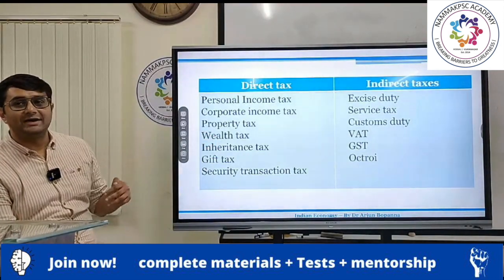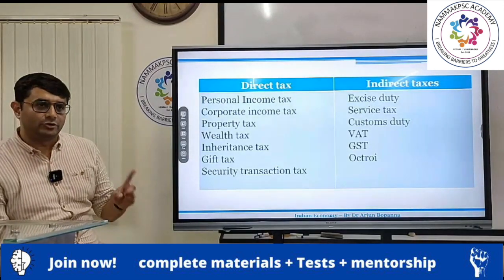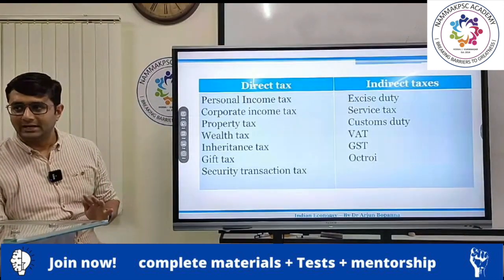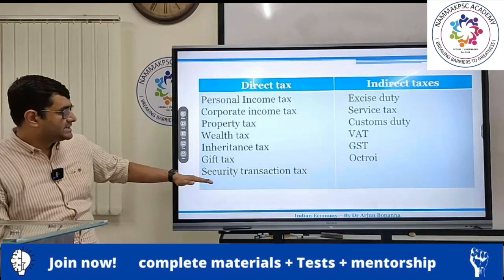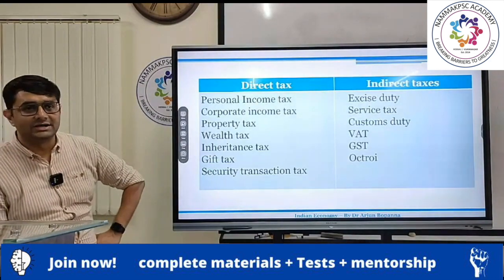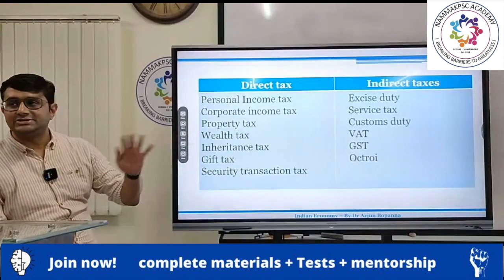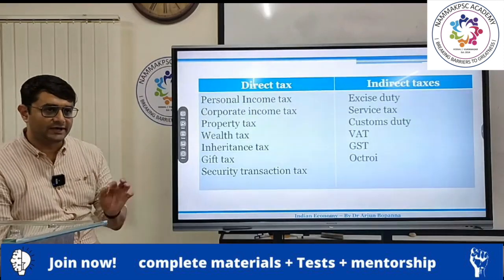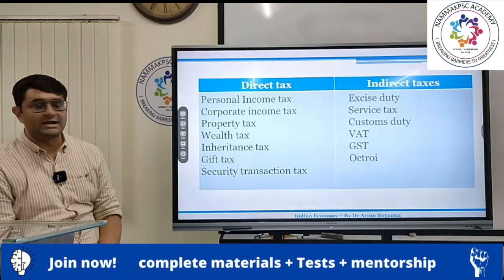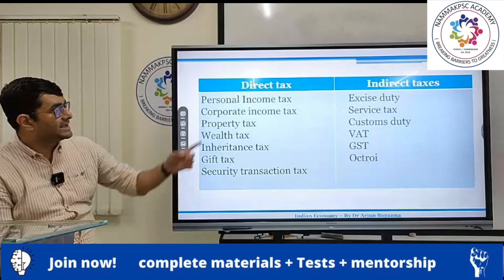Somebody who had more than 30 lakhs of wealth had to pay 1% tax called wealth tax. Similarly, inheritance tax, gift tax, security transaction tax. When you make transactions in the share markets, buying and selling of shares, you have to pay security transaction tax.